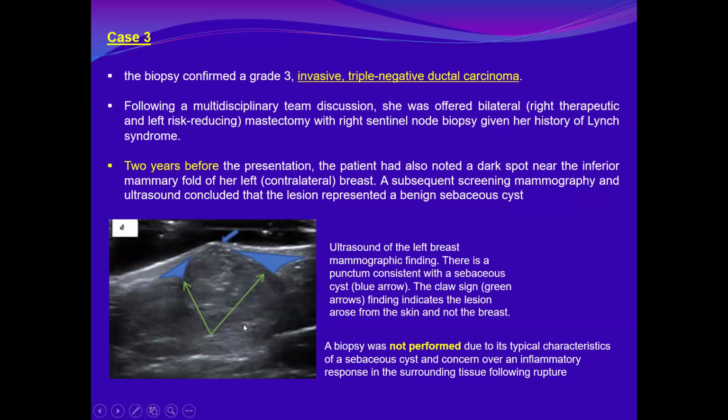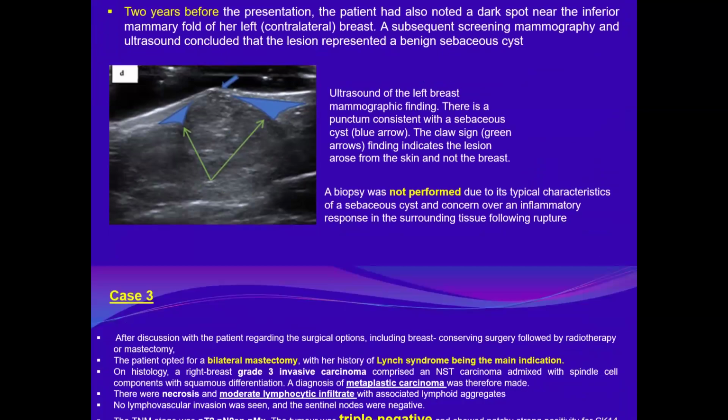See, and 2 years before her presentation with a right breast palpable abnormality, she had a skin lesion in her left breast, with ultrasound suggesting just an inflamed sebaceous cyst. It was not biopsied because of the typical appearance.